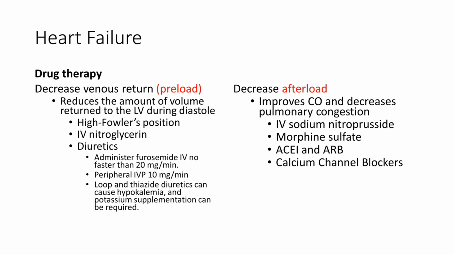Again, watch their potassium. You could expect nitroglycerin, even though it seems kind of counterintuitive. But nitro does decrease SVR, it decreases preload. If we want to decrease afterload, you look at more sodium nitroprusside, that morphine sulfate again, your ACEs and your ARBs, and your calcium channel blockers.